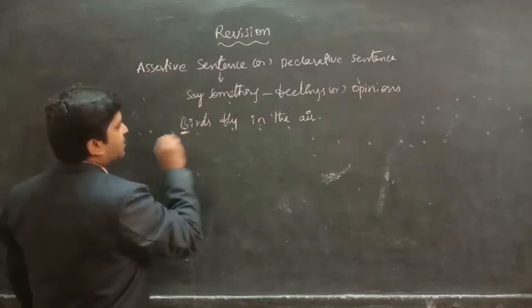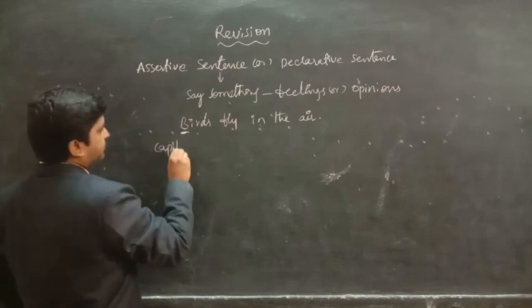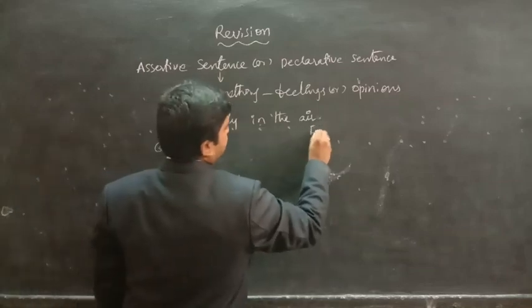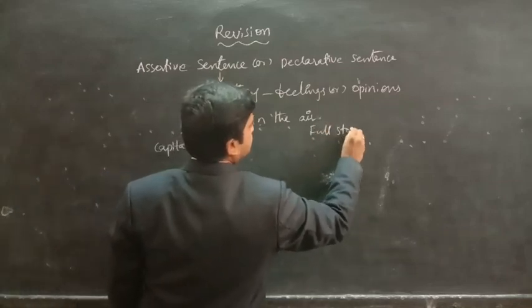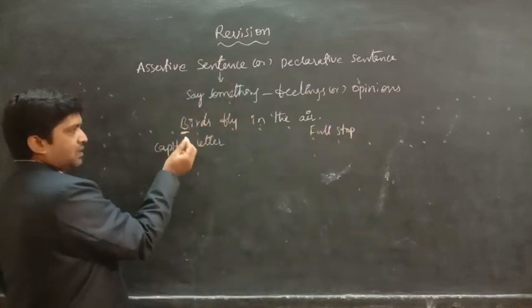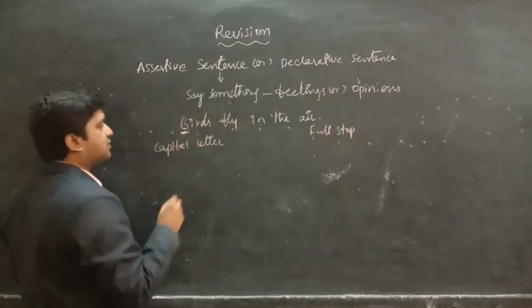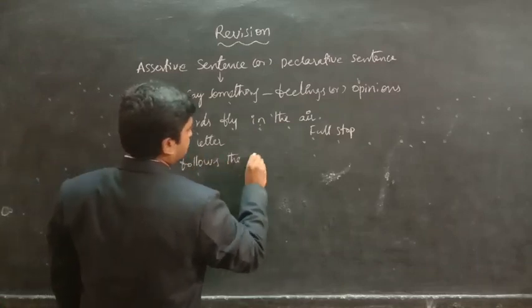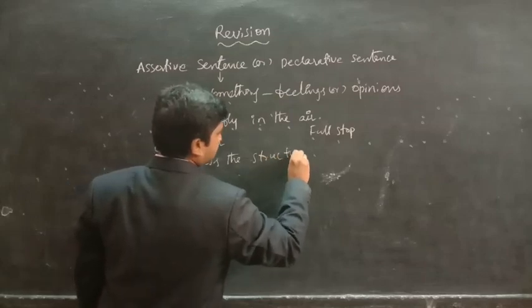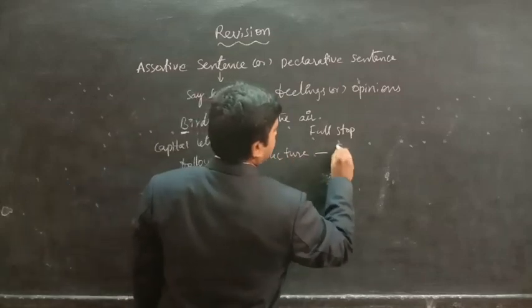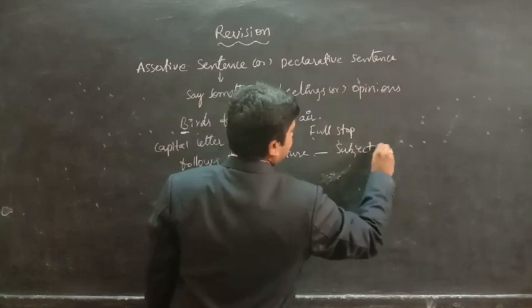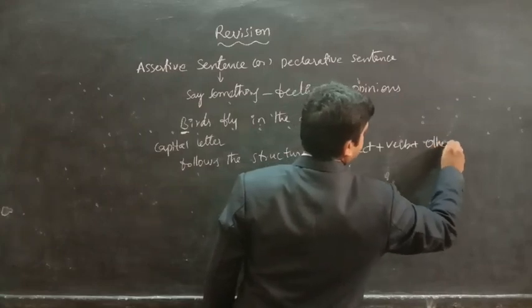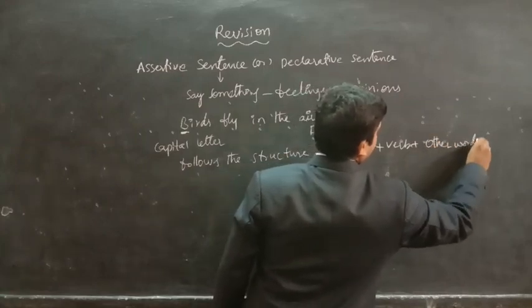The sentence begins with a capital letter and ends with a full stop. And this sentence follows the structure subject plus verb plus other words or object.